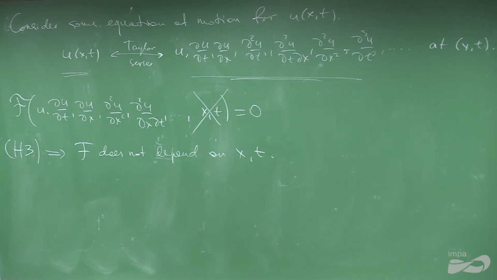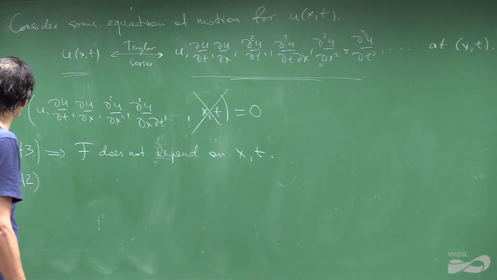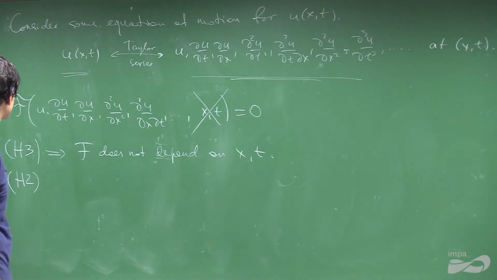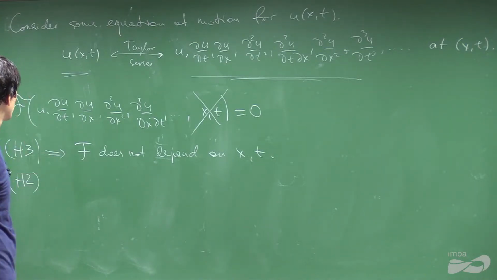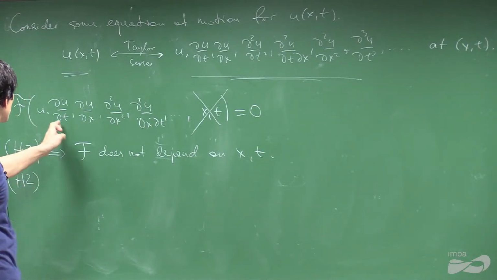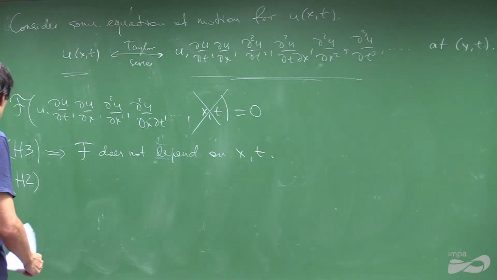We kill this dependence. The next hypothesis we use is that we consider small oscillations, which means that all of them are small. Then we can use a tool that we already used many times. If the variables are small, we can consider linearization.